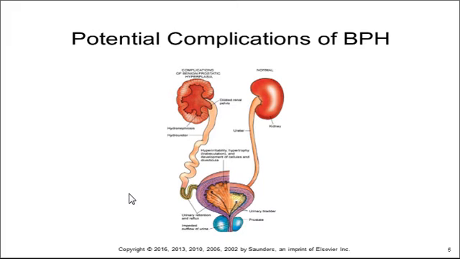That's why the ureters will dilate, while your kidneys will dilate during this process. And if it is not treated properly, you can continue to have other urinary problems that can lead to chronic kidney disease.